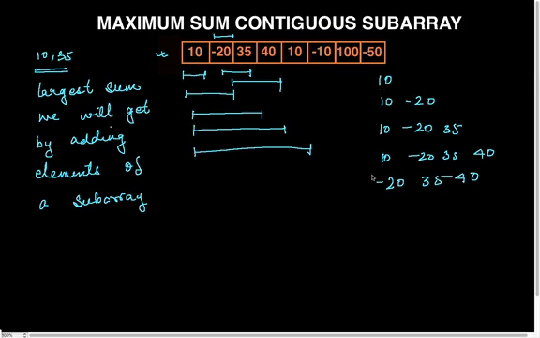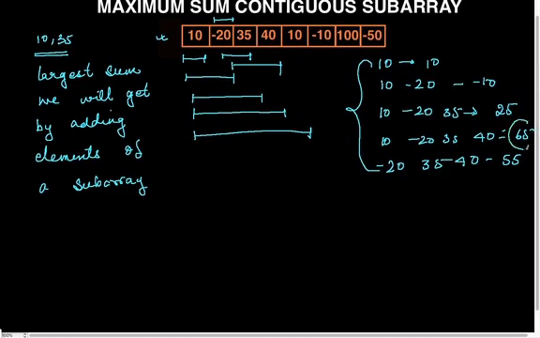If I do the sum of all the elements in these subarrays, in this case the sum is 10, in this case it's minus 10, in this case it's 10 minus 20 plus 35, which is 25, in this case it's 75 minus 10, 65, in this case it's 75 minus 20, 55. As you can see, out of all these subarrays, the maximum sum is 65. You have to return this sum.